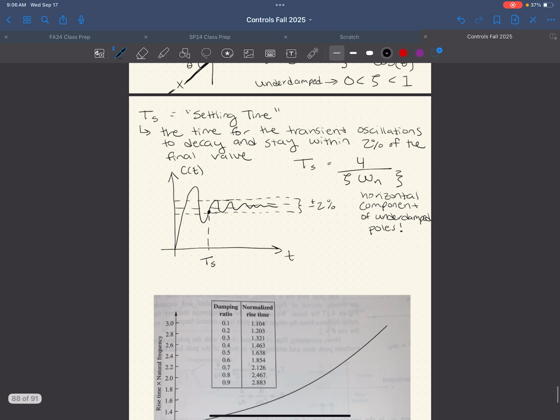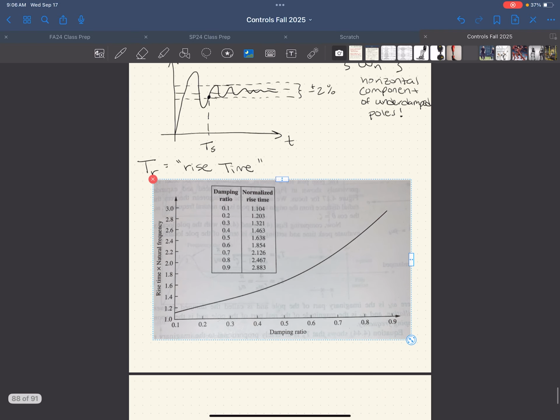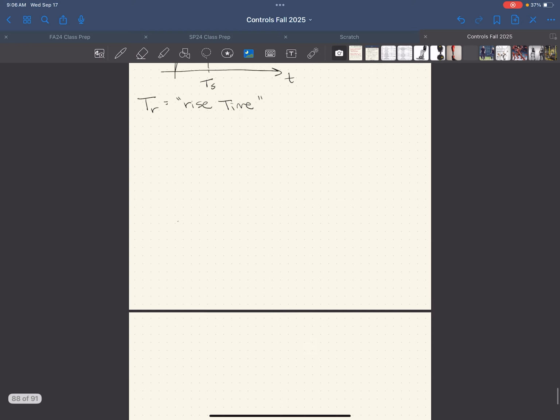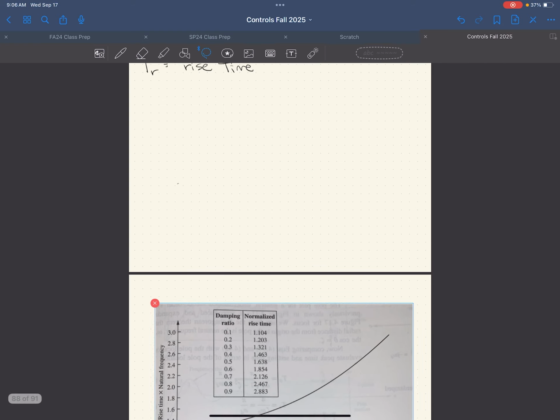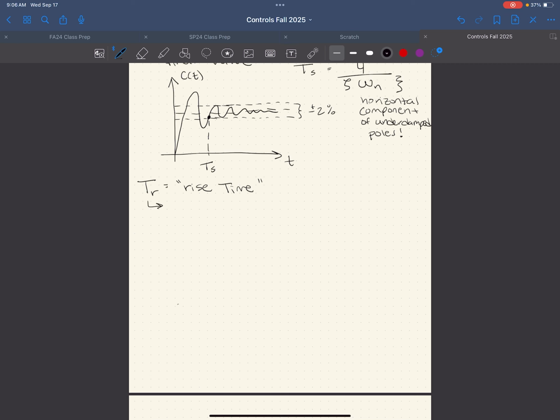Okay, and lastly, we're going to look at rise time. TR is rise time. Rise time also has the same definition. This is the time to go from 0.1 to 0.9 of the final value.